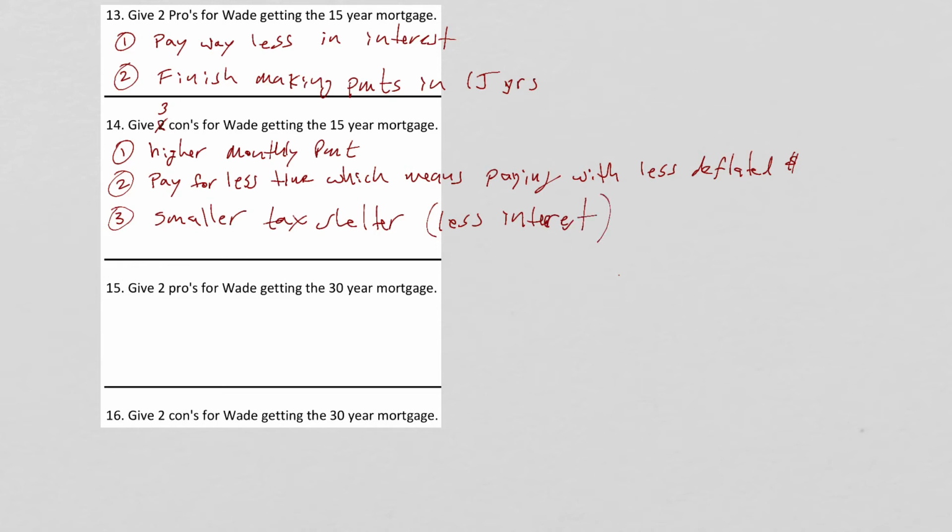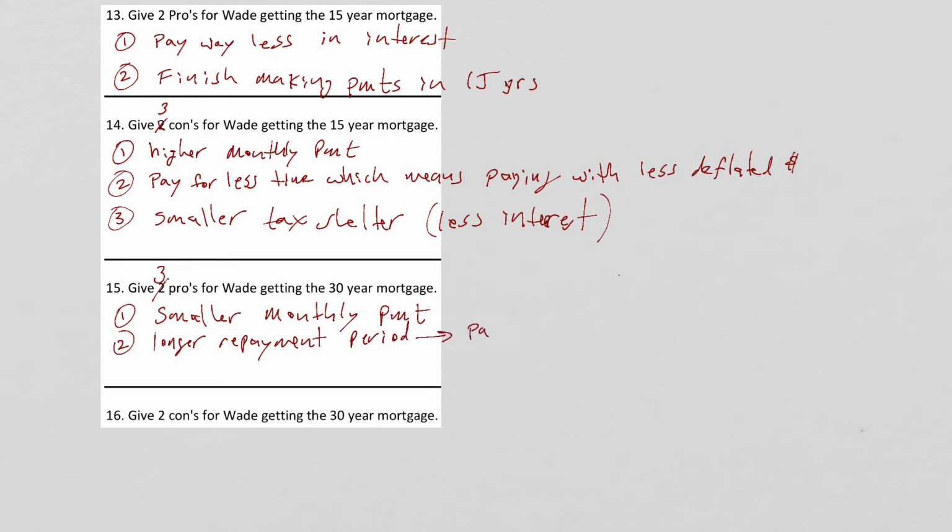Okay. Number 15 says, I'll change this to 3 pros. One is obvious. It's a much smaller monthly payment. A second thing would be a longer repayment period means you're going to be paying with more deflated dollars.